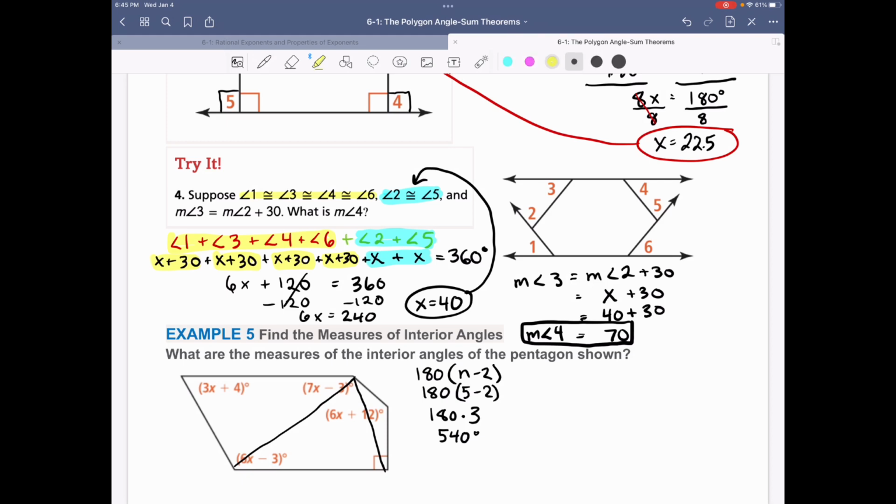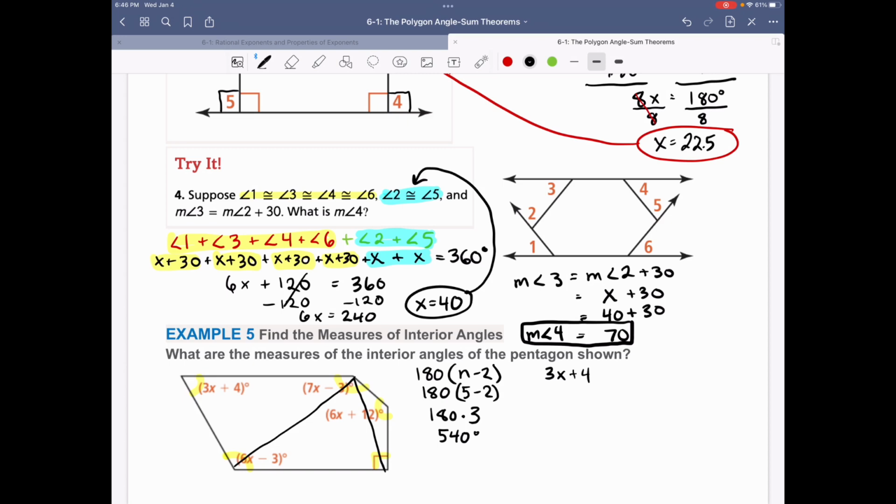And now we have 5 angles. So we have this angle, 1, 2, the right angle, 3, 4, 5. We have to add all of those up and set it equal to 540. 3x plus 4 is this first angle.